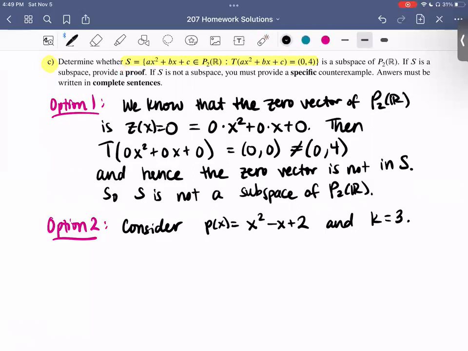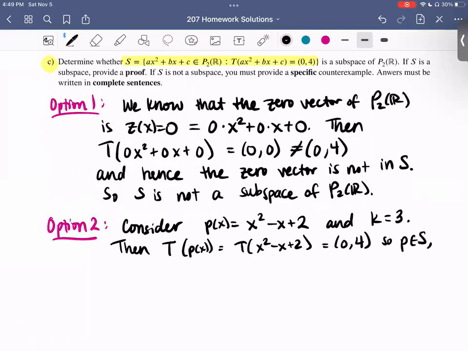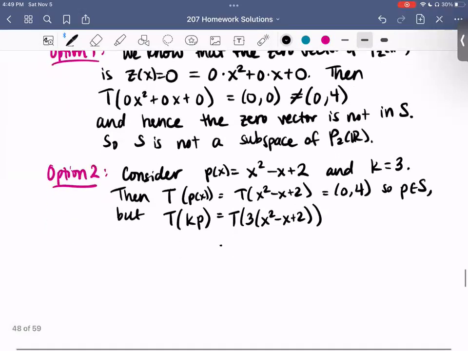So then T of P of x here is T of x squared minus x plus 2. That does give us 0, 4, as I showed earlier. So P is in S, but if we take T of k times P, in this case, T of 3 times x squared minus x plus 2, let's see what we get.